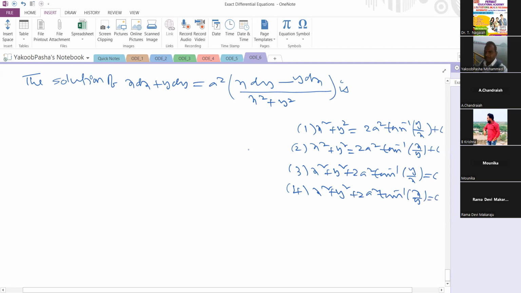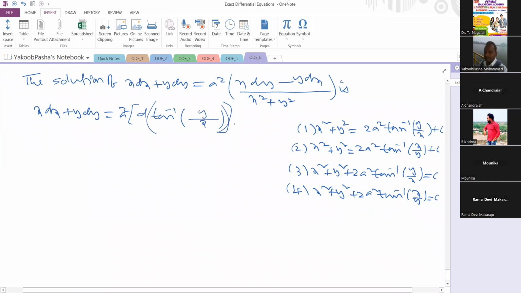Direct formula: x dx plus y dy is equal to a square d of tan inverse y by x.